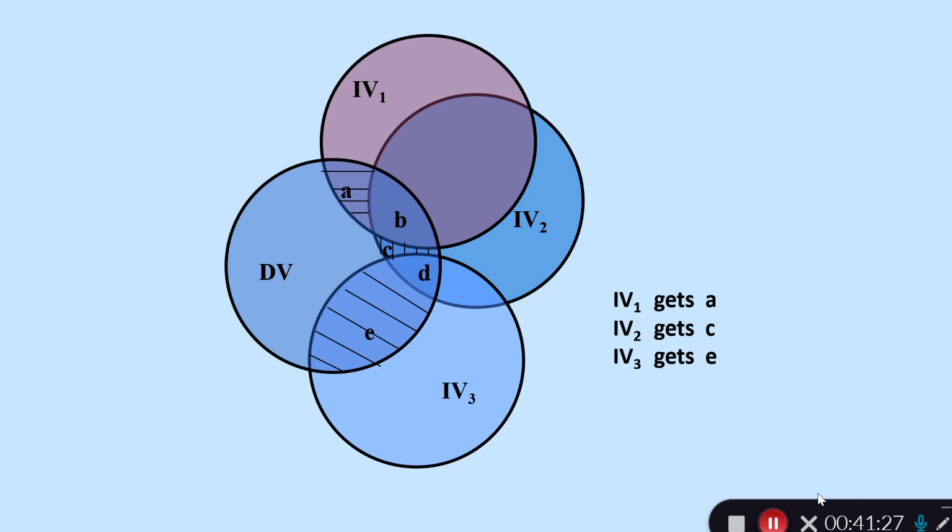Effectively, you put all your variables into the model at once, simultaneously. Each one is assessed on its unique contribution, if we took out the overlap it shares with the other independent variables.